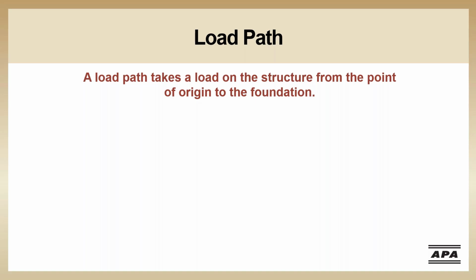Both need to be complete for a structure to be properly designed. They are both required in the IBC and IRC. The purpose of the load path is to take the load from where it is applied to the structure and get it down to the foundation and into the ground. Every load that is applied to the structure must have a load path that takes it down to the foundation so that it can exit the house.